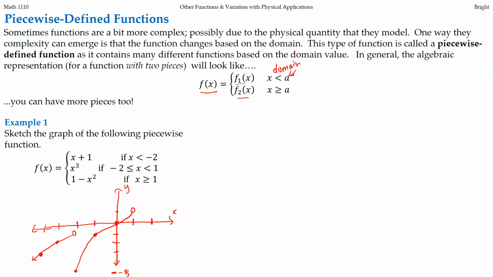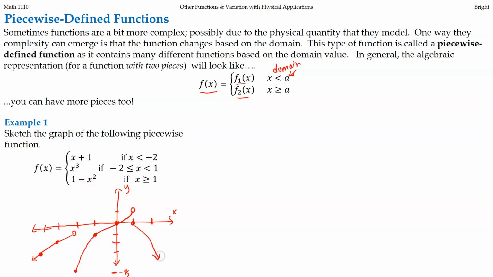To summarize, I'm graphing the function x plus 1 for these values of x. Then I progress and graph the x cubed function in this domain, and the last one is going to look like a parabola. If x is greater than 1, if I put in 1, I get 0, and then from here it's going to look like a parabola that opens down.